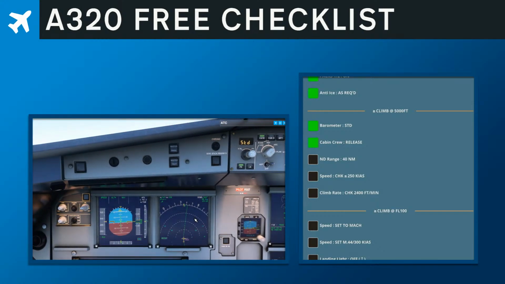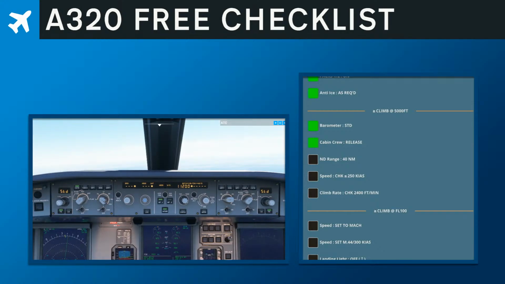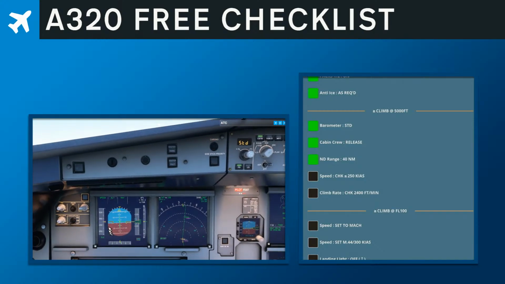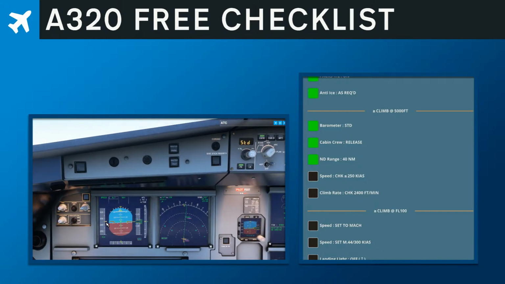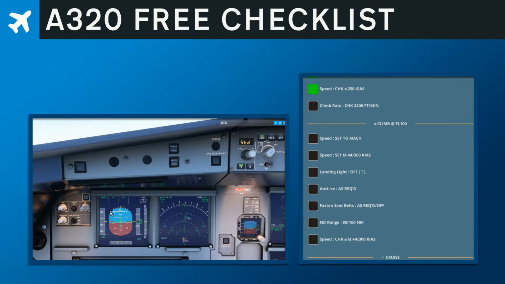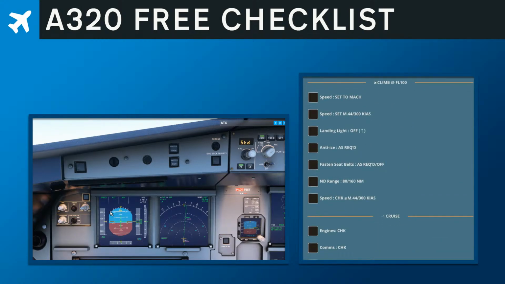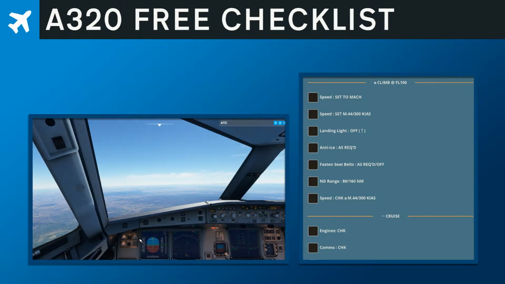On the navigation display we go to 40. Speed check below 250 knots. Well, we are actually over that. Oh, that's fine because we're above 10,000 feet now. And we are reading a max speed at this height.